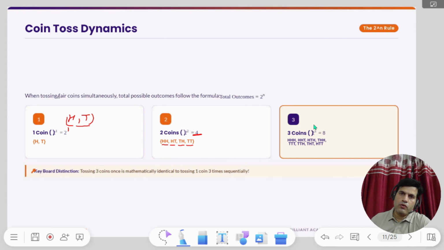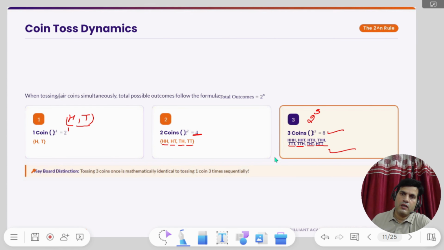And if you toss 3 times, 2 to the power 3, that will be 8. The possibilities are HHH, HHT, HTH, THH, TTT, TTH, THT and HTT. These are all the possibilities if you toss 3 times.